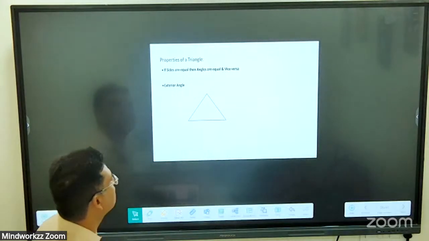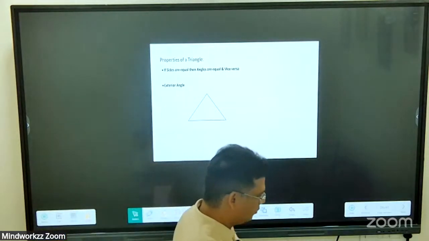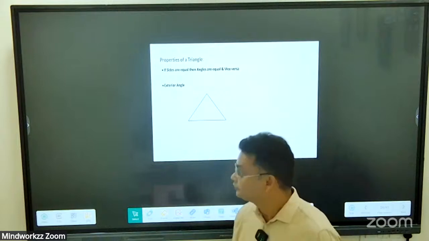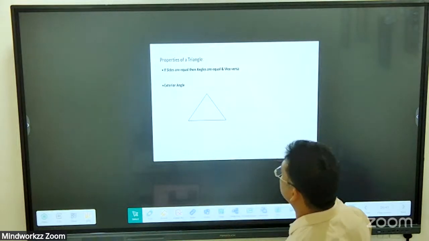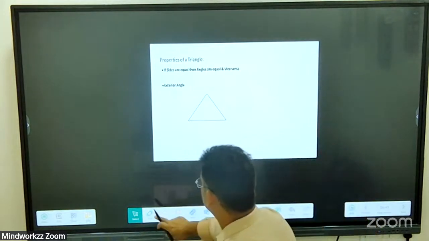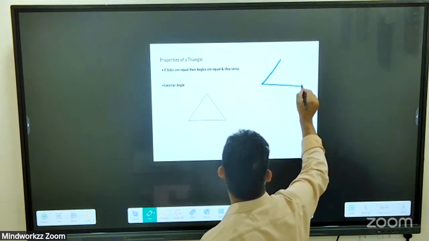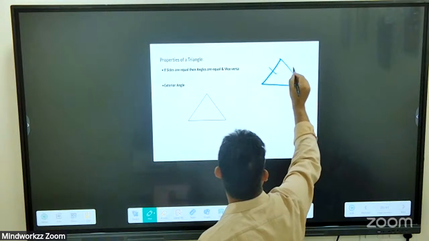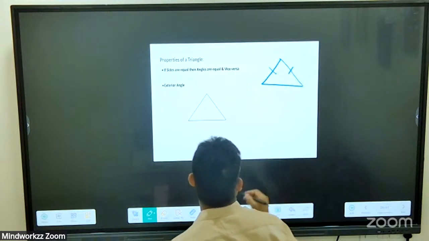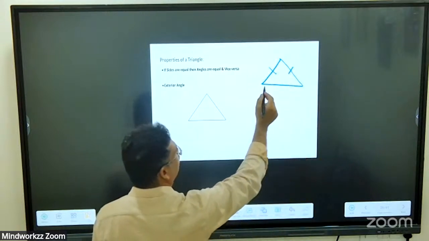So these two are important properties. Please understand: if sides are equal, then angles are equal, and vice versa. It means that in a triangle, if two sides are equal, then the opposite angles will also be equal.